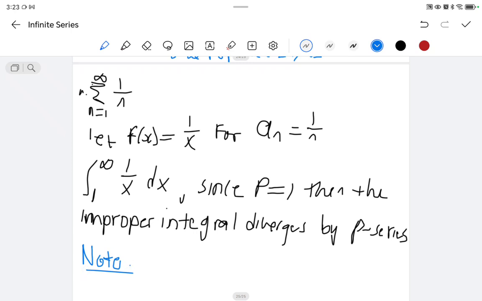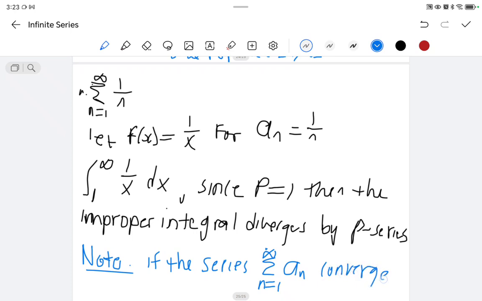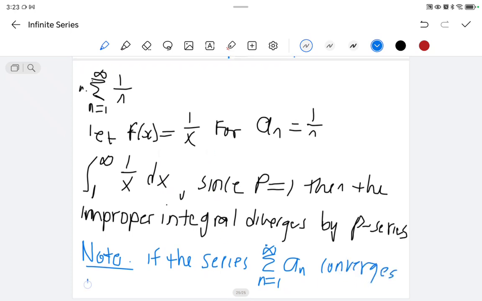But we should keep in mind that if the series from 1 up until infinity, which is an infinite series, converges, then the limit as n approaches infinity of a of n will be equal to 0.